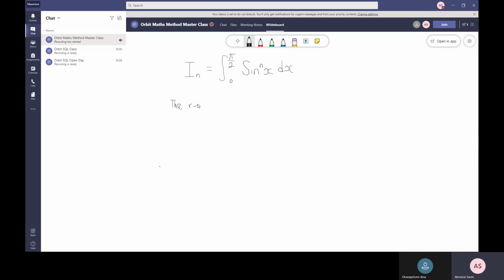So let me see the reduction formula, the reduction formula for I_n. I'm sure I've talked about this. I don't know why we are doing this again. We have done this now.